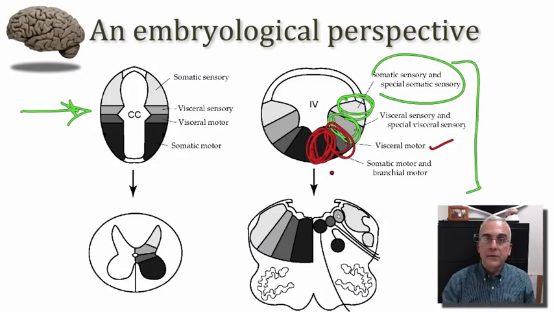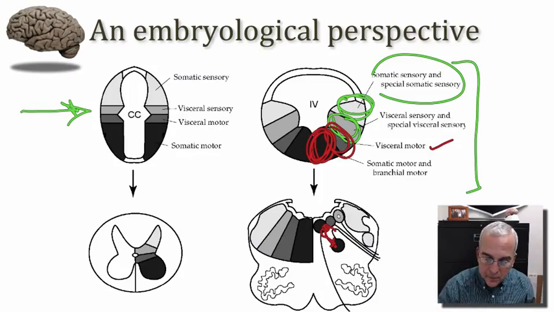The motor neurons that supply innervation to the derivatives of the branchiomeres have migrated into an intermediate position. So these motor neurons initially sat very near our somatic motor neurons, but they migrate into a more intermediate, somewhat more anterior and lateral position. And as they migrate, their growing axon is dragged down with it.